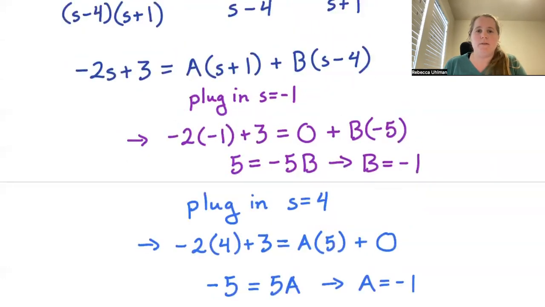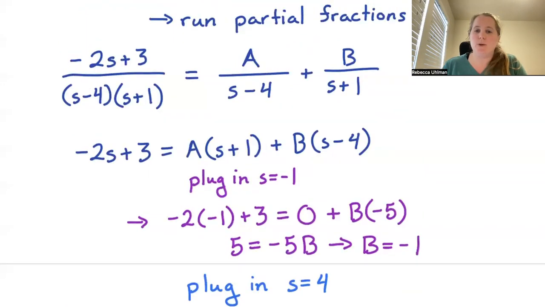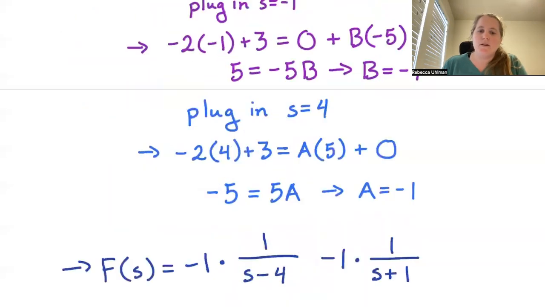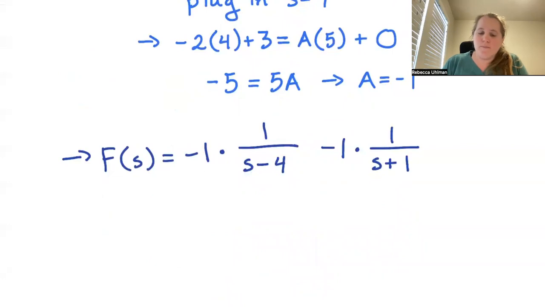That was what we originally split it as. I wrote it in this form because 1 over (s minus 4) and 1 over (s plus 1) are recognizable Laplace transforms.